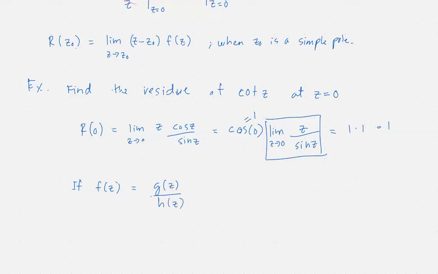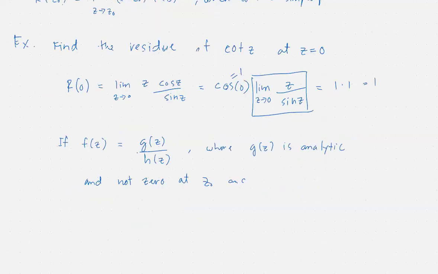g of z is analytic and not 0. So the numerator should not be 0 at z sub 0, which means only the denominator will give you the 0 term. And h of 0, or c sub 0, is equal to 0. So that one gives us the singular point, or the singularity rather.